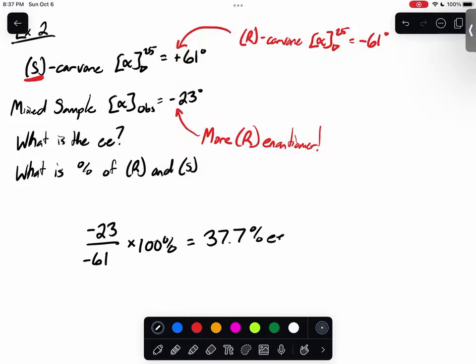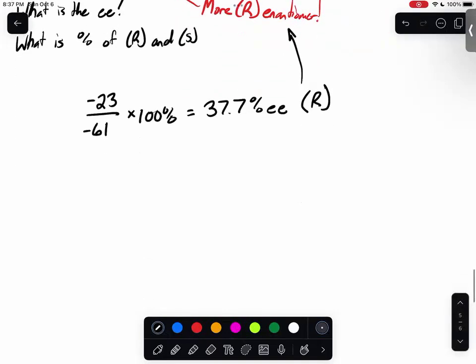And I always like to say to remind yourself which one has more of the enantiomer. In this case, it is R, right? Because we already defined that right up there. So we have 37.7% EE of R. All right, well, very simply from here, we just now have to find out how much of the mixture is the equal mix of R and S.